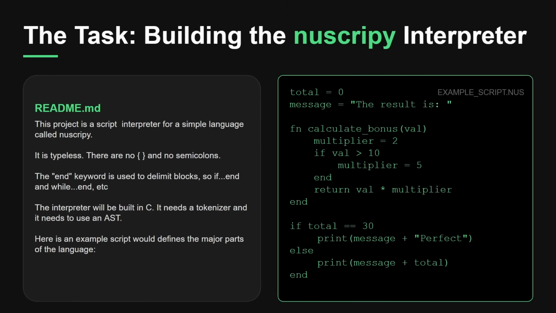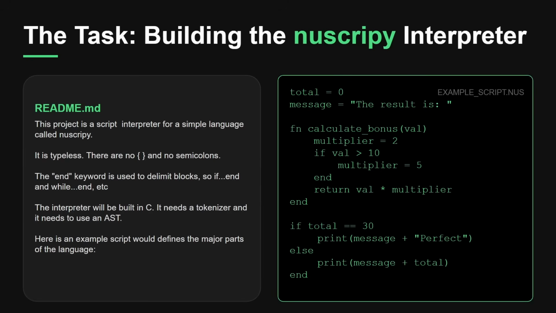And then basically what I do is I give Codex this README file and then prompt it basically to implement it. So the project is a script interpreter for a simple language called NuScrippy. It's typeless. There are no curly brackets and no semicolons. The end keyword is used to delimit blocks, so you get if, end, while, end, etc. The interpreter will be in C.